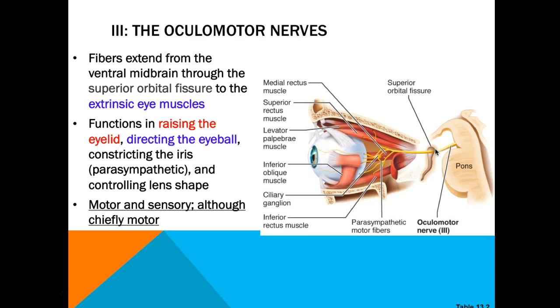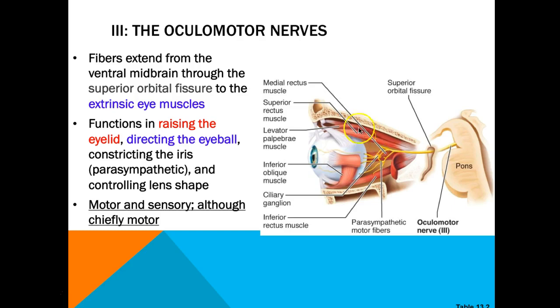So we'll start off with cranial nerve number 3, your oculomotor nerve. Your oculomotor nerve is going to extend from the ventral midbrain, pass through your superior orbital fissure that we just saw, and head over to our extrinsic eye muscles. 4 of them total, to be specific.